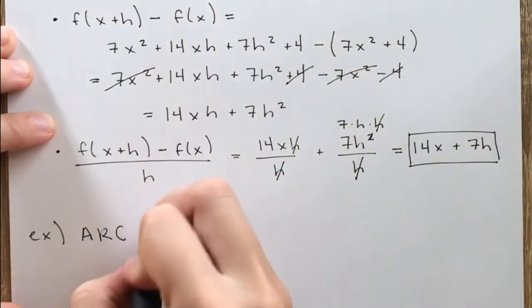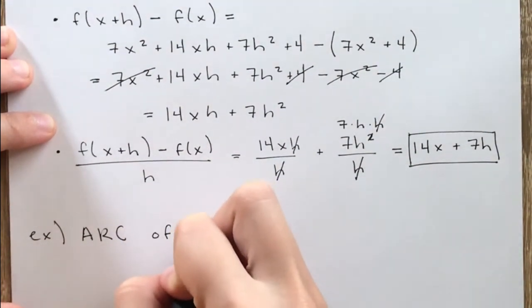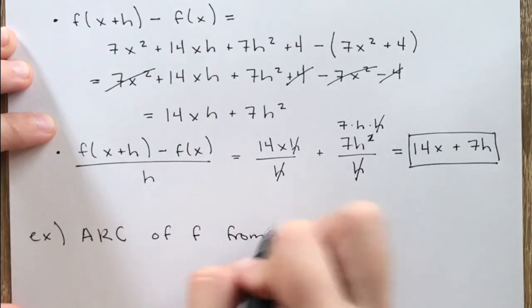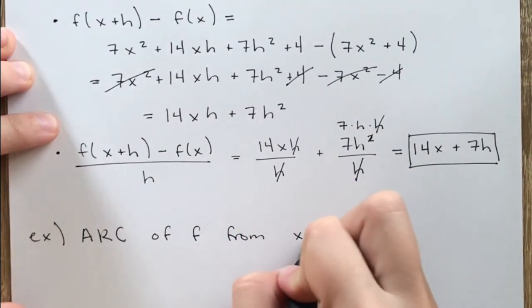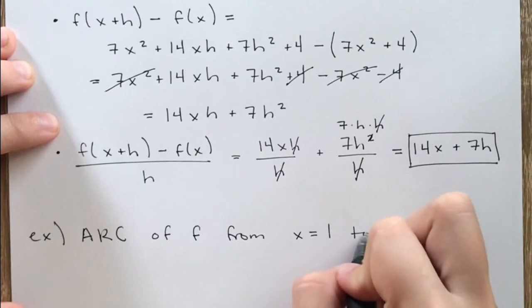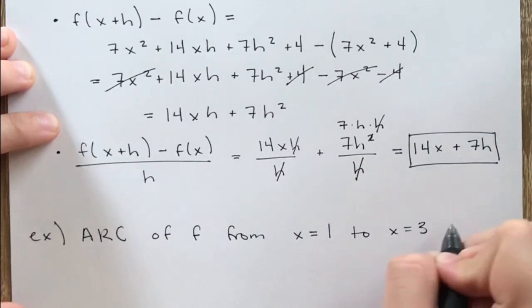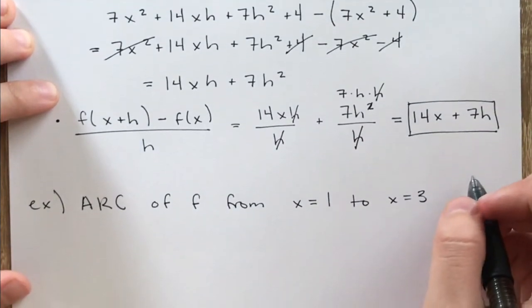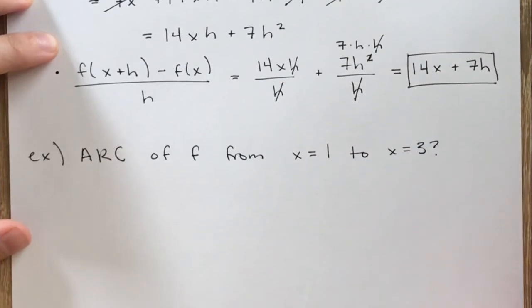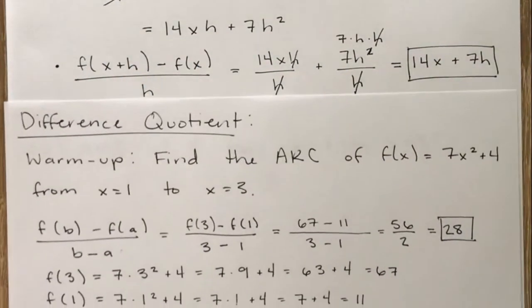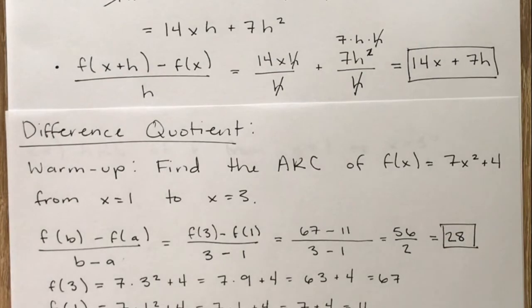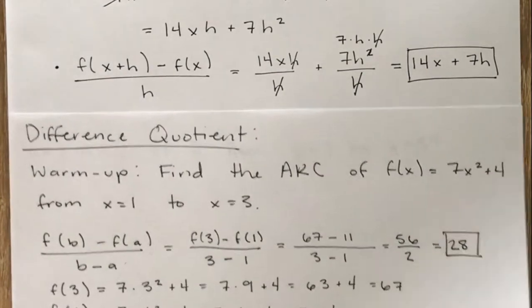So what is the average rate of change of f from x equals 1 to x equals 3? Well, remember from our warm-up, we found that the average rate of change from 1 to 3 for this function was 28.